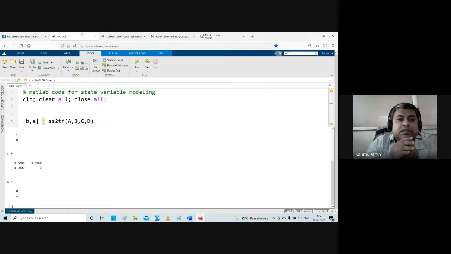Apart from this, if there are a few more things, I will try to incorporate them in my document, and I'll create a document and send it to you. Obviously, I'll mention all the steps and all the functions, and I'll ask you to execute experiment number 9. It will not take much time, like experiment 8, that is Bode plot and all.